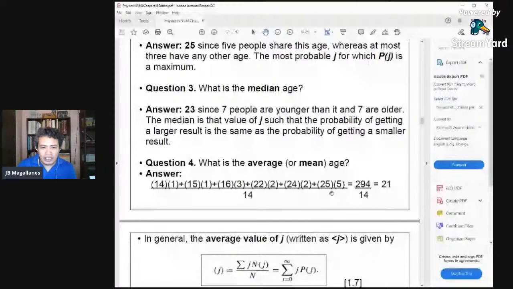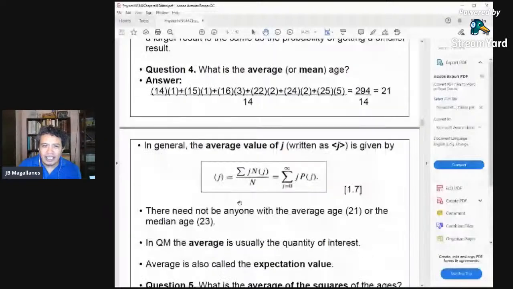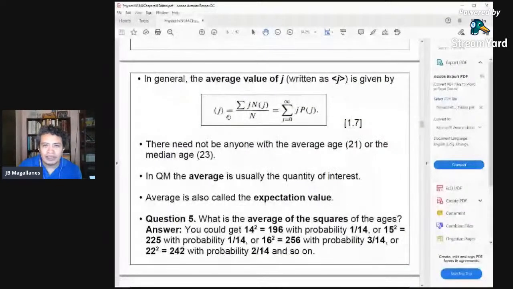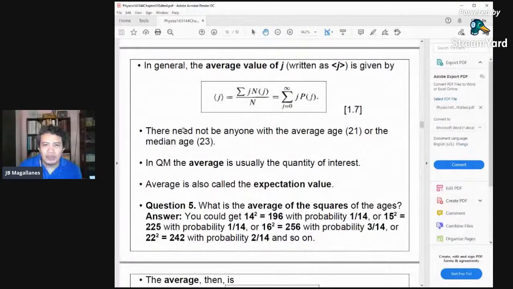The 1 over 14, 1 over 14, 3 over 14, 2 over 14, 2 over 14, and 5 over 14 tell you the probability. So if you write it in a mathematical form, you will have this.